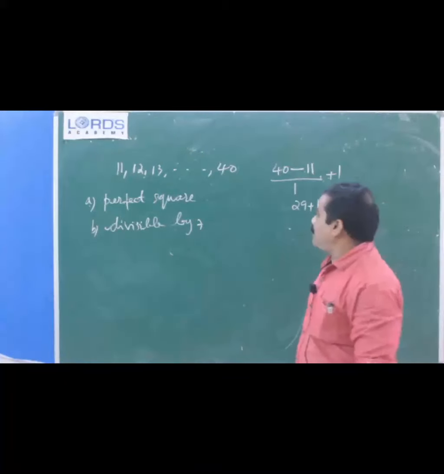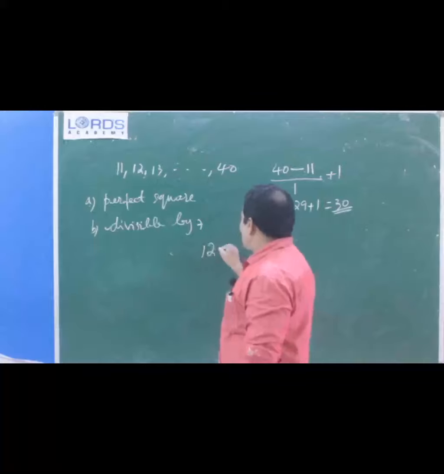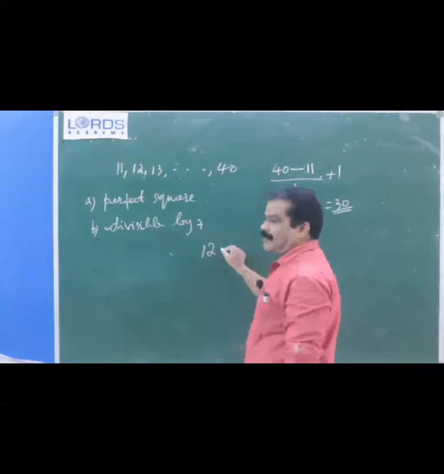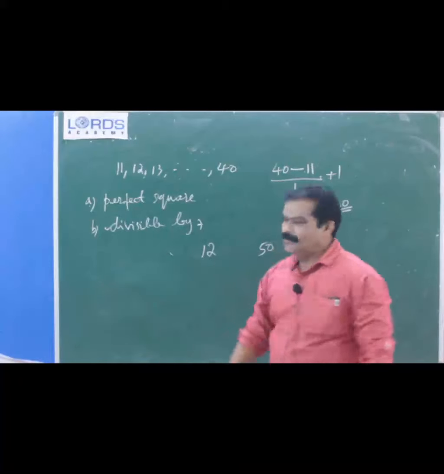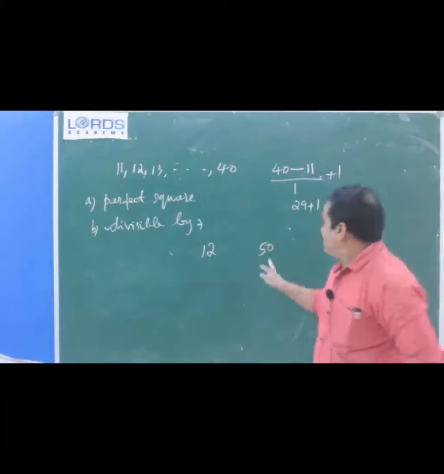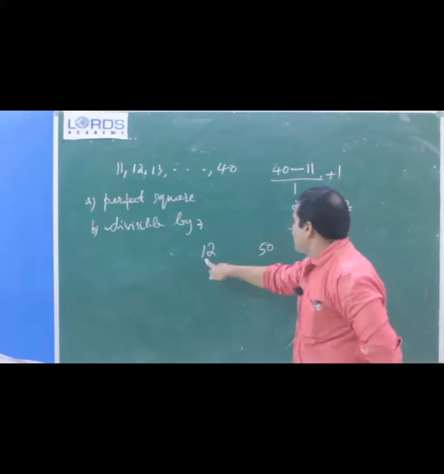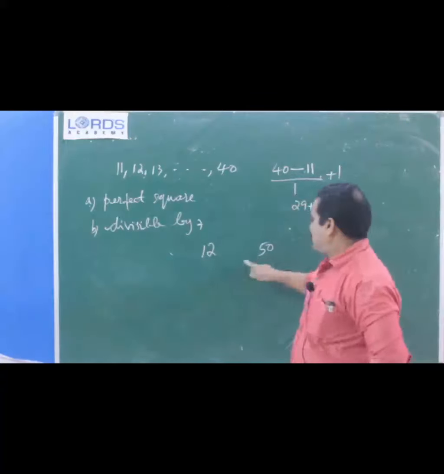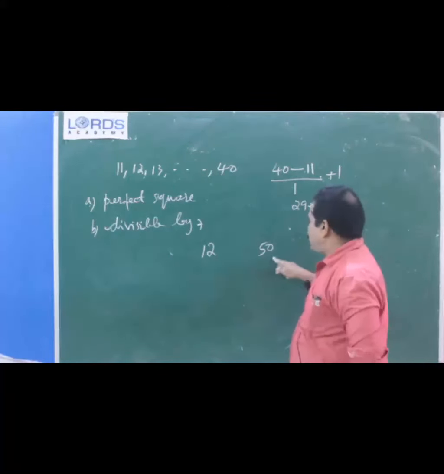Suppose natural numbers 12 to 50. You find out how many numbers there are, including 12 and 50.